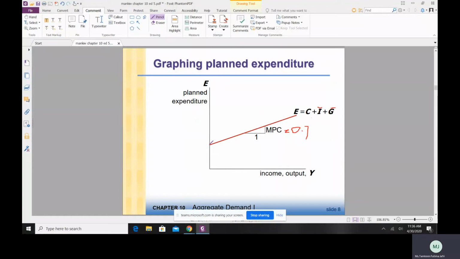Okay, you have to consume something just to survive. So that is why when Y is 0, E is going to be some positive value. So this E curve will start from above, it is upward sloping, but remember the slope is going to be less than 1. The reason is because MPC is usually less than 1.